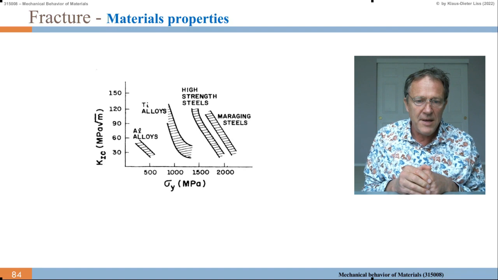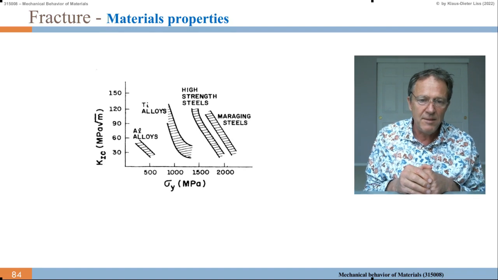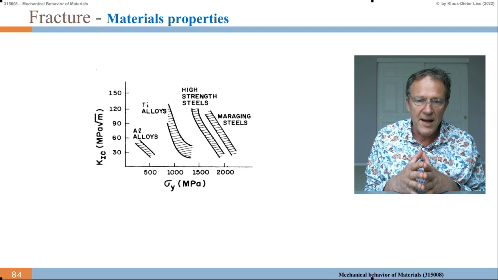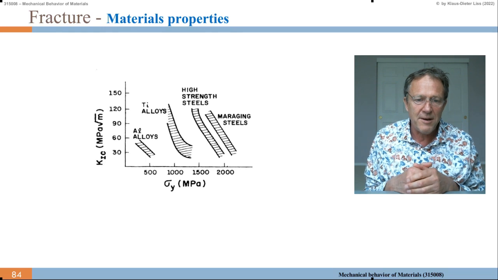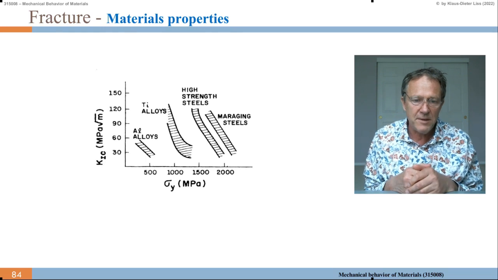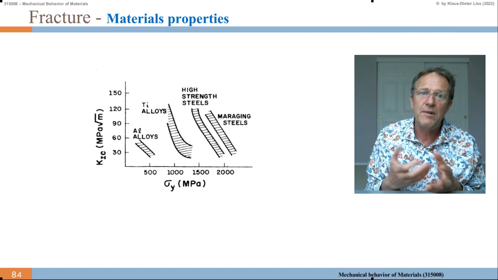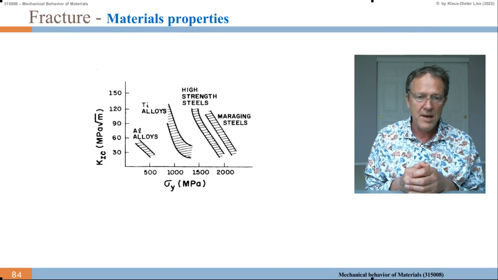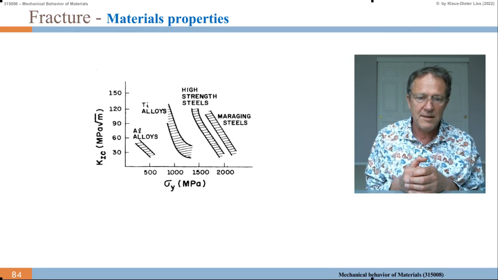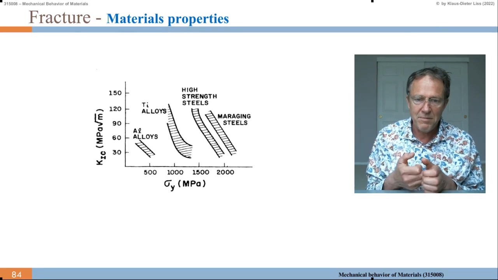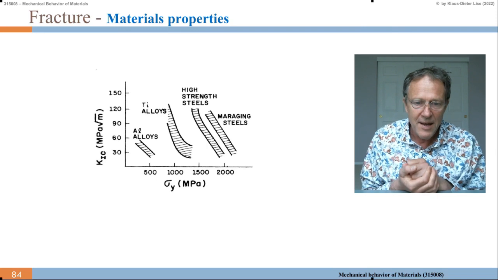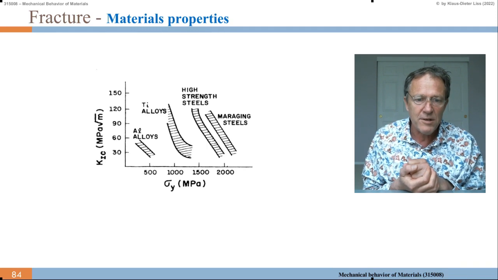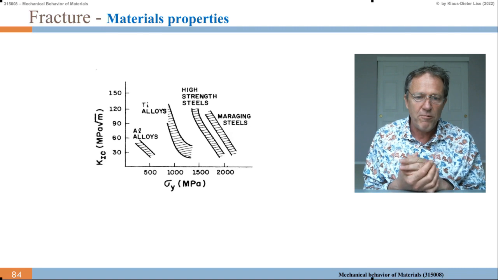Another diagram here with applied stresses and the K1C for different alloys. So we have the aluminum alloys at the bottom left, lightweight, but toughness and yield stress are not so high. Then the titanium alloys, they perform much better.